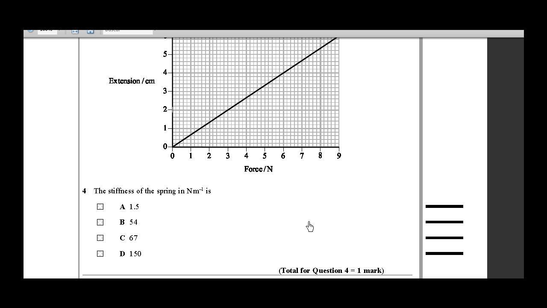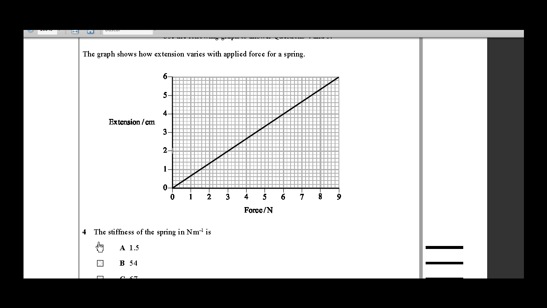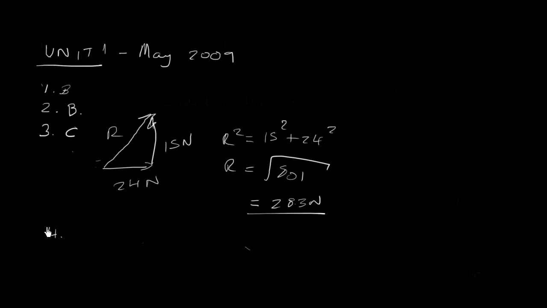Question 4 then says the stiffness of the spring in newton meters is either one of those 4, and the stiffness you should know from this equation. You need an equation that relates force and extension, and that's this one, right?